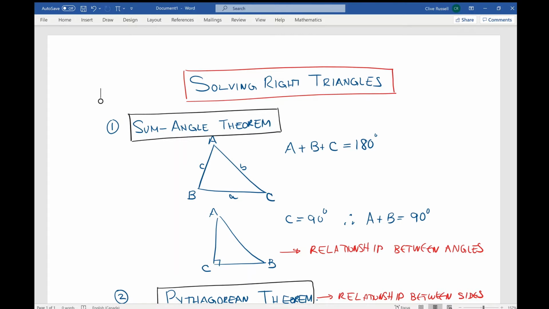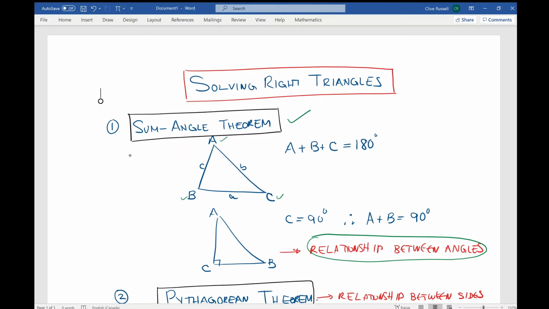The first one is called the sum angle theorem. Now this is a relationship between all the angles of a triangle. So if you call the angles A, B, C, the angles are at the edges here, and the sides are normally written in lowercase letters.